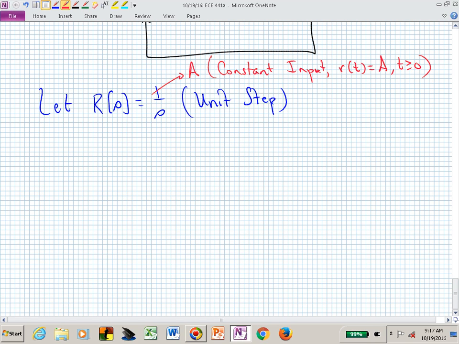Meaning, if you don't memorize all of these formulas necessarily, because somebody might say, oh, I have an input that's 2, and you go, well, that didn't work with my formula. Well, that's maybe because now we have a 2 over s instead of a 1 over s as we follow this down. But for us, let's just keep with the unit step. We're trying to focus on the behavior, not necessarily the magnitude of our results.